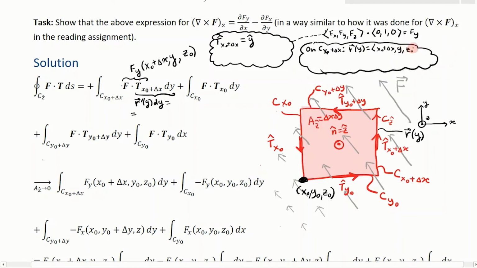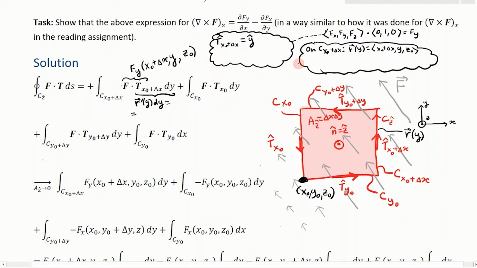What I'm explaining here is how you usually evaluate things in line integration. Before, I was giving more of a geometric argument. I just looked at the contour and told you what the direction of the unit vector is.